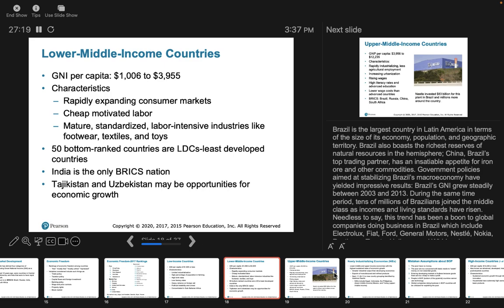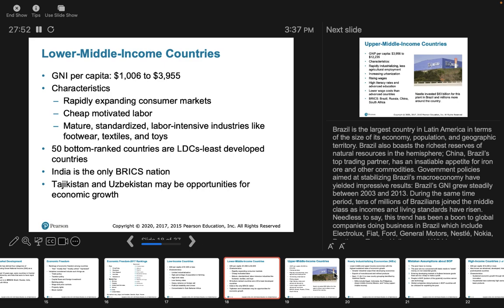India and Brazil are the fast developing lower middle income countries in the BRICS nations. Then we have Tajikistan and Uzbekistan. They have the opportunity for economic growth, and over time hopefully they will be among the lower middle income countries.